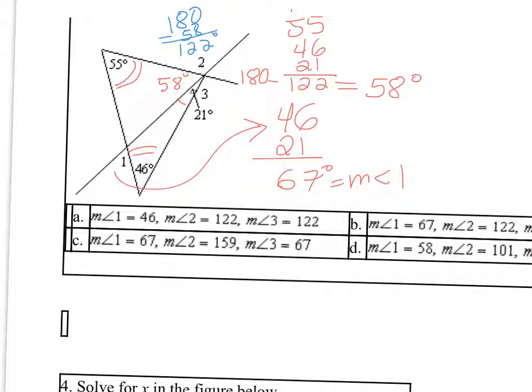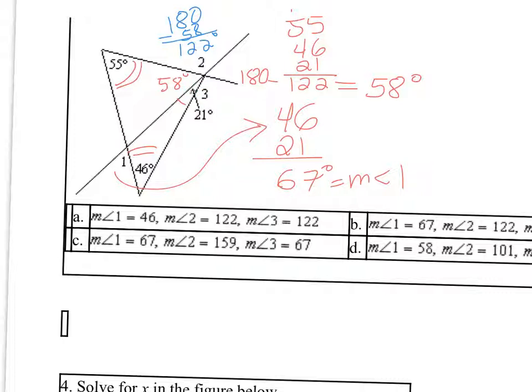Now, what else? I need to find the measurement of angle 3. If you really think about this, this line with this line, they form vertical angles here. Do you see those vertical angles? That is right. You subtract 21 from 122, and that would be the remaining angle 3.